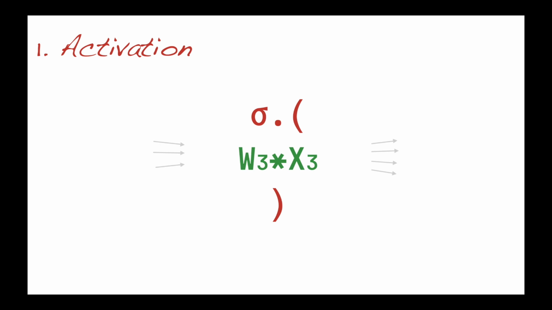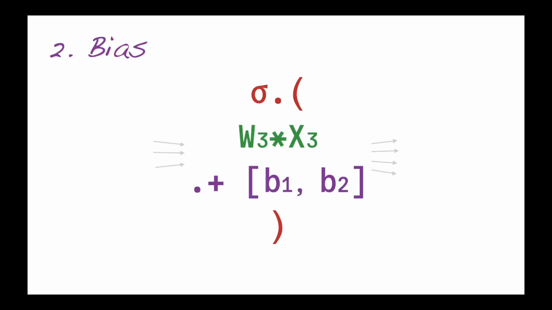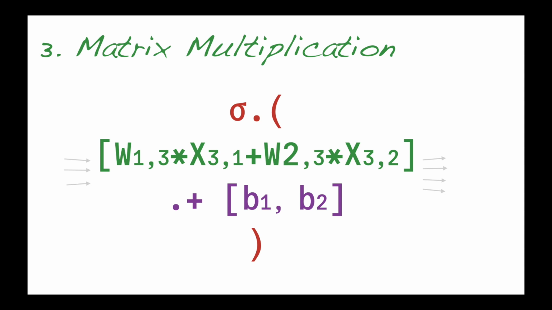So we're going to feed this activation function, and normally we're going to name it with this sigmoid, but it's just a broadcast function. The second thing is we're going to tack on a bias, and the bias is also going to be multidimensional. And then in the middle, we have this matrix multiplication, right? So that's that dot product that we talked about, and it's going to have inputs from across the network.